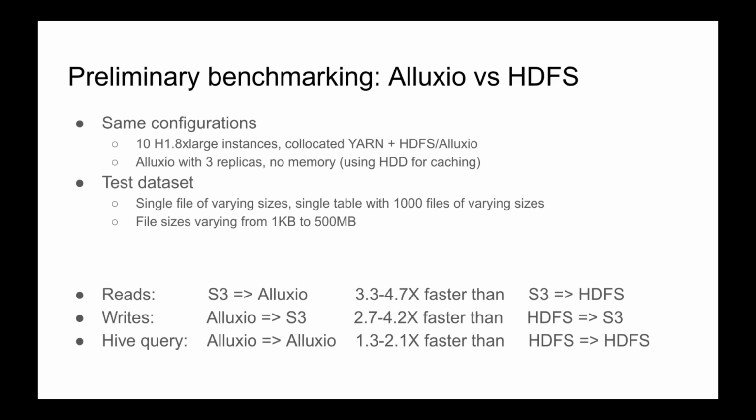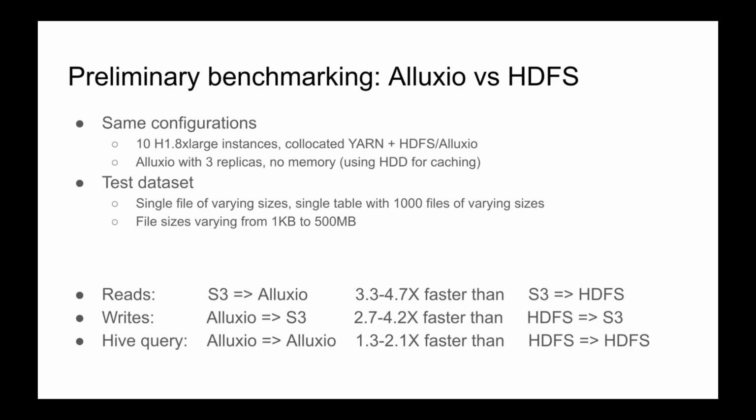So we run several different workloads: reads, writes, and also Hive queries. The reads workload just loads data from S3 to Alluxio. And this turns out to be 3.3 to 4.7 times faster than loading data from S3 to HDFS.